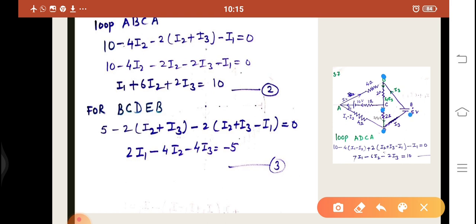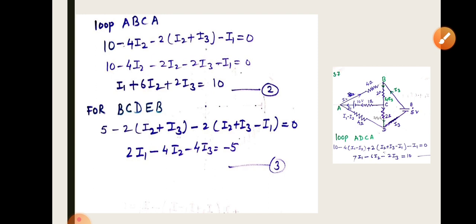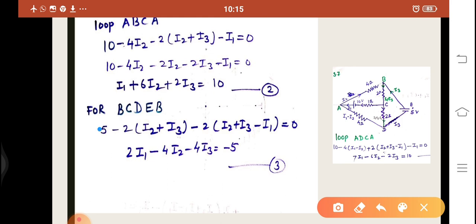This 5 we will take later: minus 2 (I2 plus I3 minus I1), here no current, no resistance, and minus battery, negative terminal battery, that will be plus 5. When you solve this, this is equation 3, this is equation 2. Now these three equations you can solve.